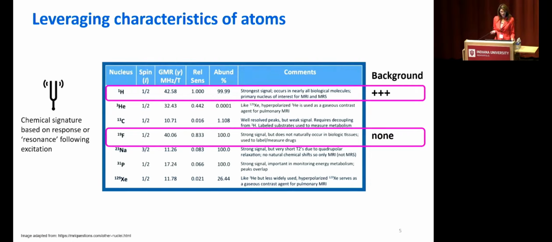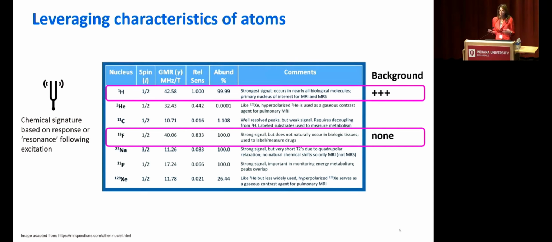The other thing I'll mention is that each one of these atoms essentially has its own chemical signature. If you think about tuning forks of different sizes, when you hit or tap the tuning fork, they resonate at different frequencies that you can hear.